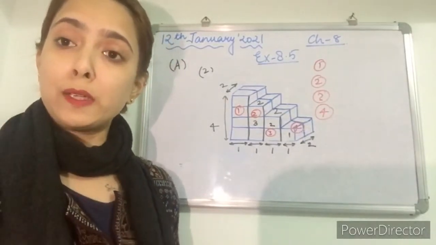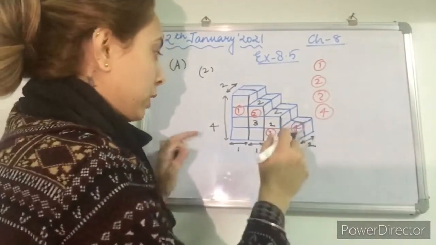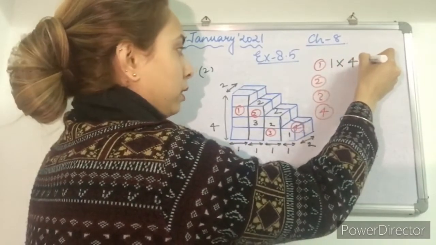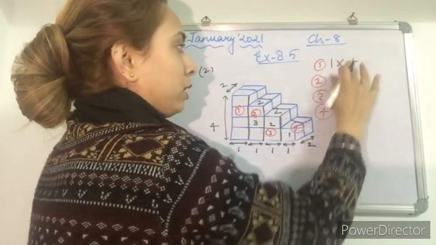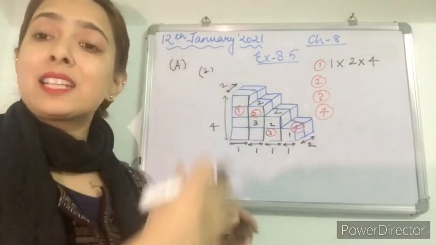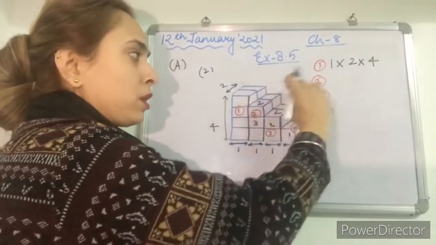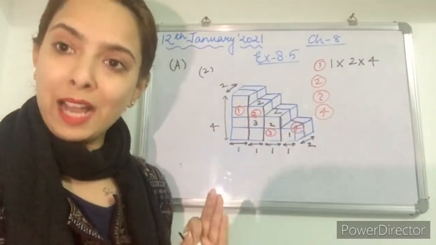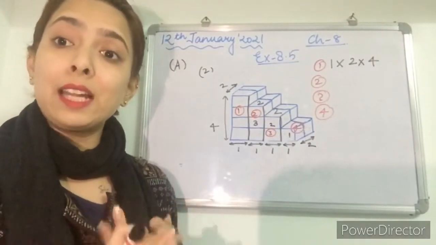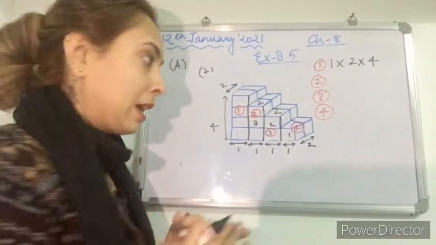So I am simply writing the parameters directly. See, heights are different because the placement of cubes differs in height. So all the heights are different, but the length and the breadth are the same.